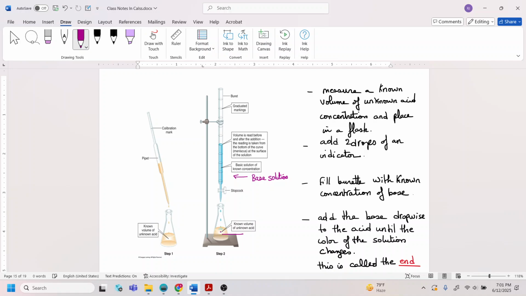See, it's a reaction between an acid and a base. So this one is going to be an acid solution. As I mentioned, it's either one of them that you don't know the concentration of, and it's most probably the one in the beaker. The one in the burette is usually the one you know the concentration for.